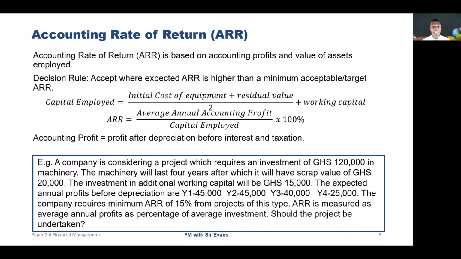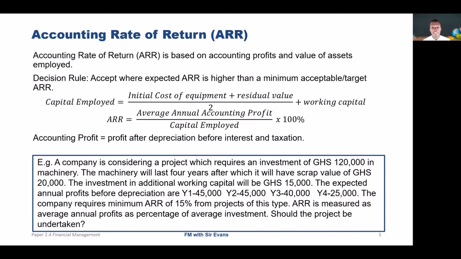So to find our ARR, we need to find the average annual accounting profit. To find the accounting profit, you sum up all your profit before depreciation, and then you deduct the depreciation of the asset. Now the cost of the asset minus the scrap value gives you 100,000, which is what will be depreciated throughout the life of the asset.